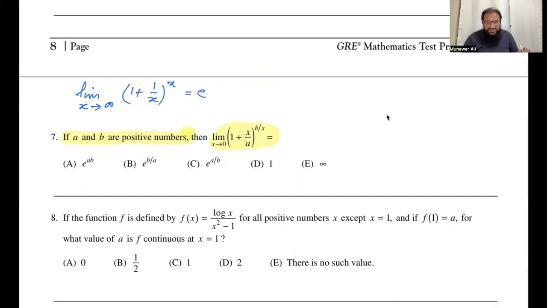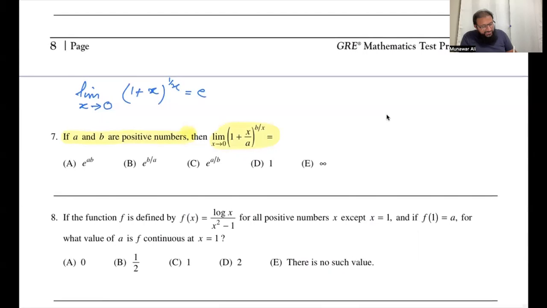This is a standard result that we know, or we can rewrite it as x goes to 0, where 1 over x becomes x and x becomes 1 over x. This is another standard result that we can use.